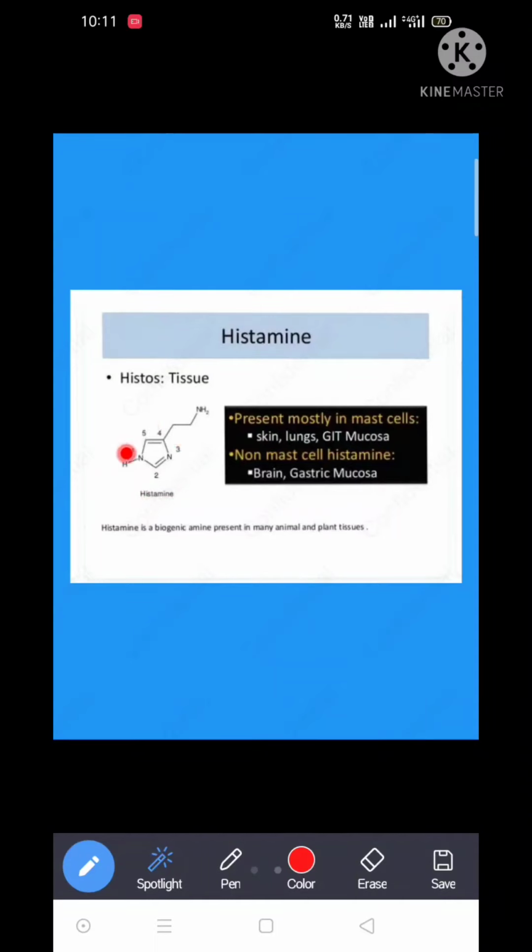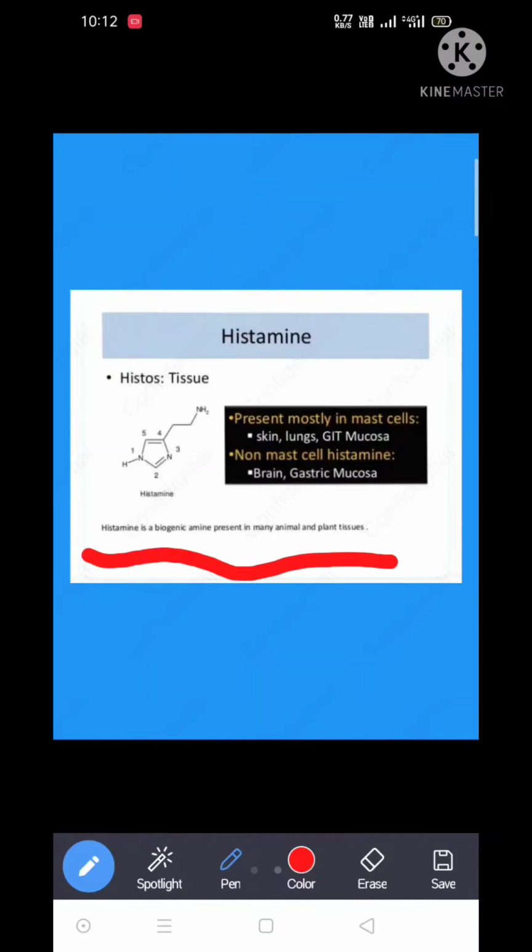So this is basically an imidazole ring and an ethylene bridge here, CH2, and an amine. So this is the structure of histamine. Histamine is a biogenic amine present in many animal and plant tissues.